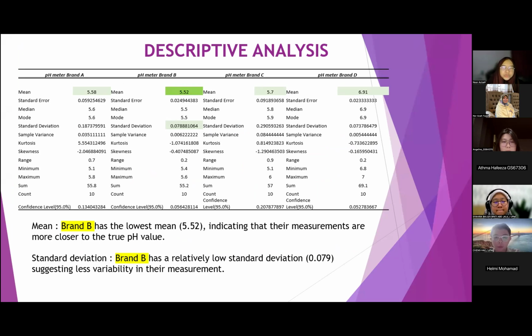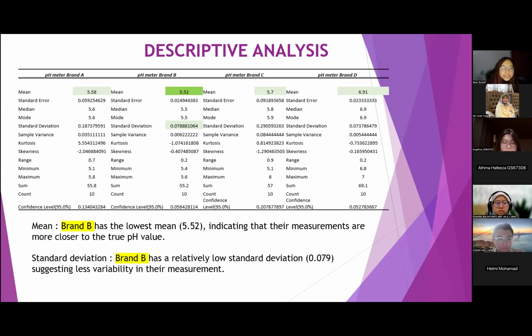It can be made using Excel. Just go to data analysis and select descriptive statistics. From the mean here, brand B has the lowest deviation, which is 5.52, indicating that its measurements are closer to the true pH value. Our true pH value is 5.5.